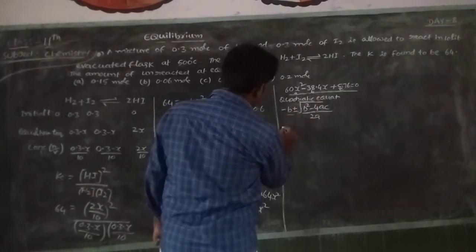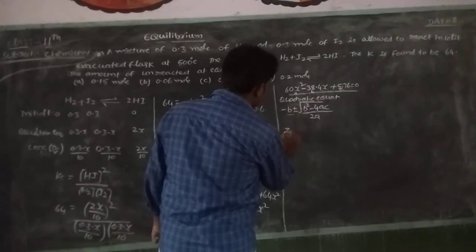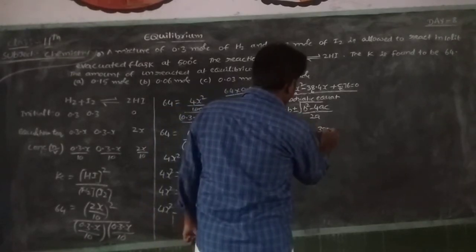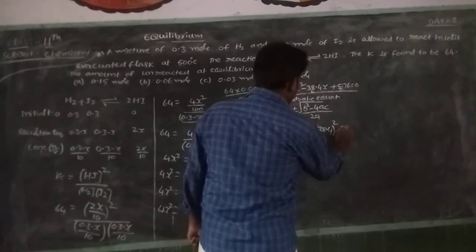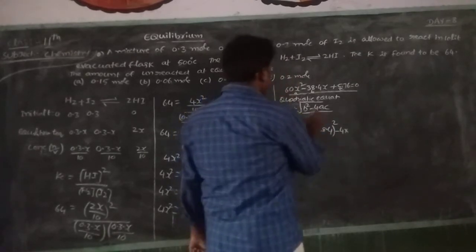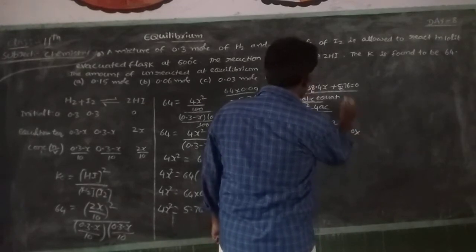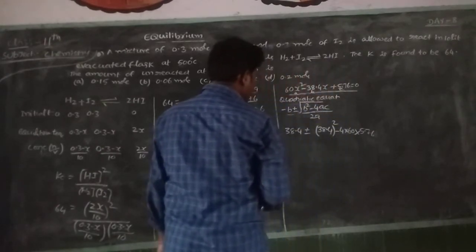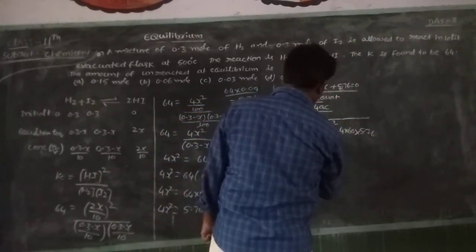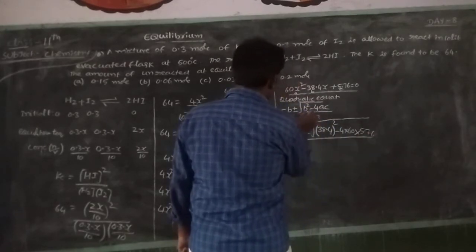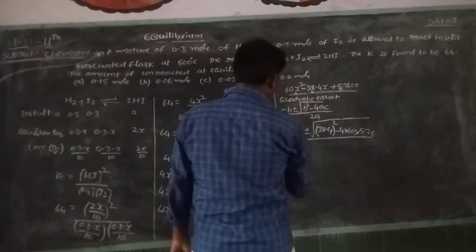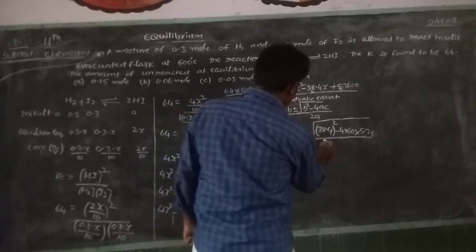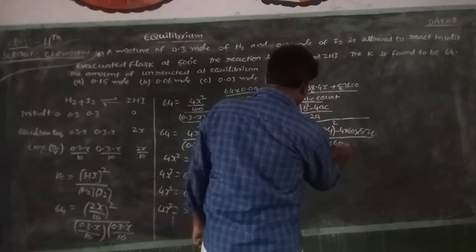B already given, for minus minus we cancel, that means 38.4 plus or minus root of 38.4 whole square minus 4 into 60, C means what we have to write, 5.76. This is the x. X is equal to by 2A, 2 into A means 120.